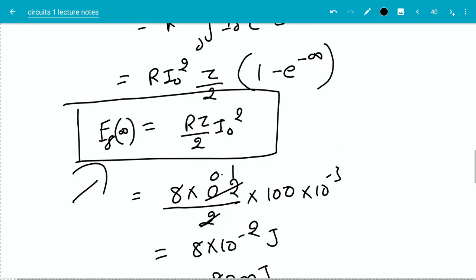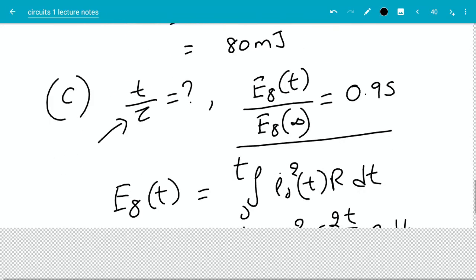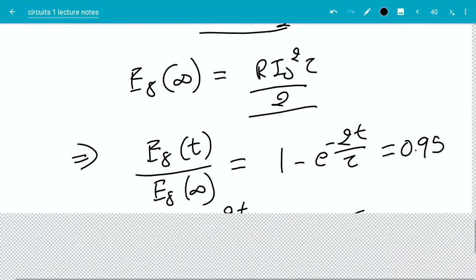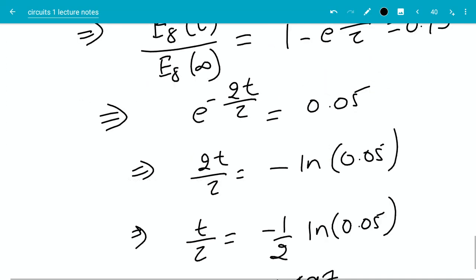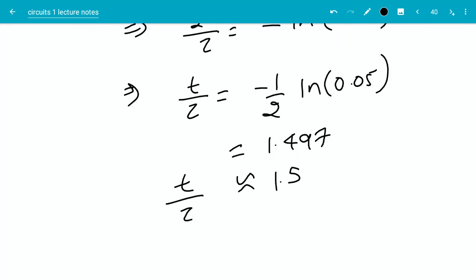But now if you look at this answer, what they're saying is, even though the inductor never completely discharges, just after 1.5 time constants, it will discharge 95% of its energy, right?